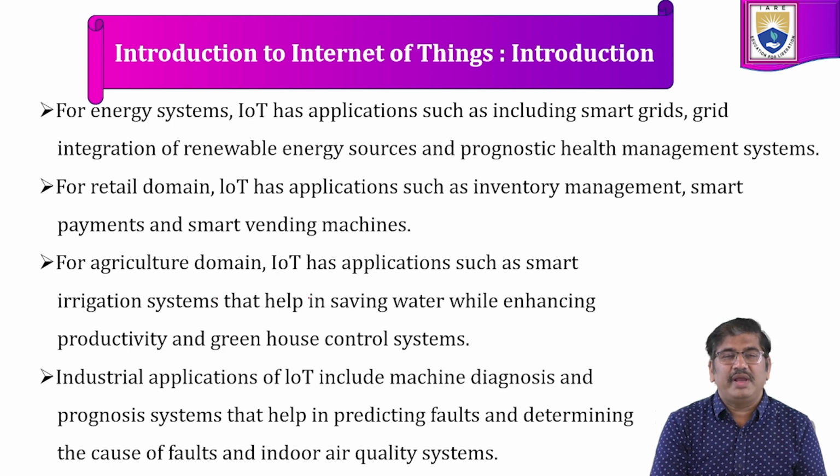For the agriculture domain, IoT has applications such as smart irrigation systems for saving water while enhancing productivity, and greenhouse control systems. Industrial applications of IoT include machine diagnosis and prognosis systems that help in predicting faults and determining the cause of faults, and indoor air quality systems.